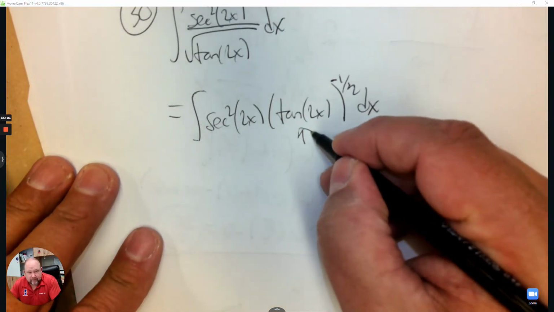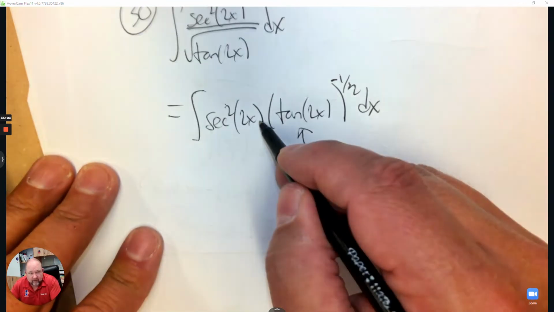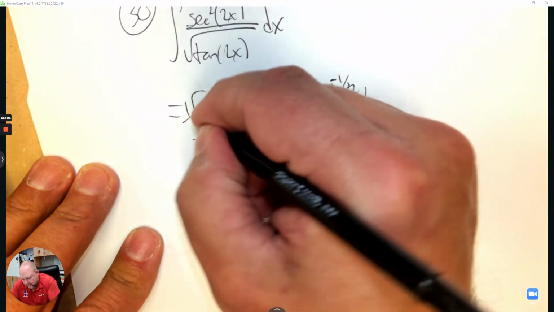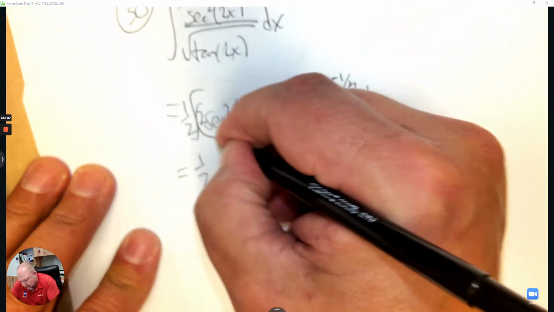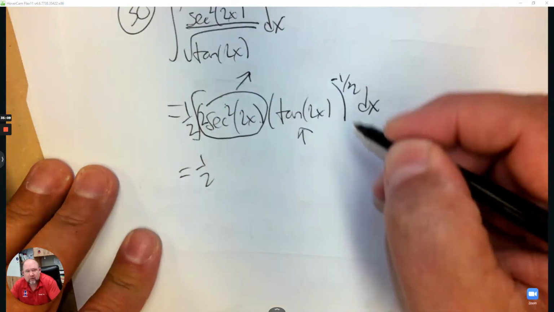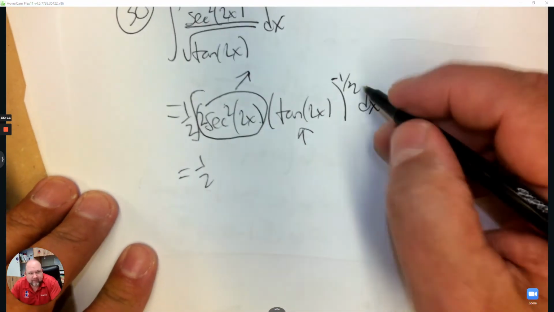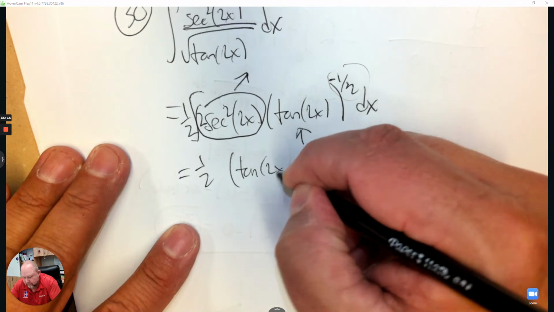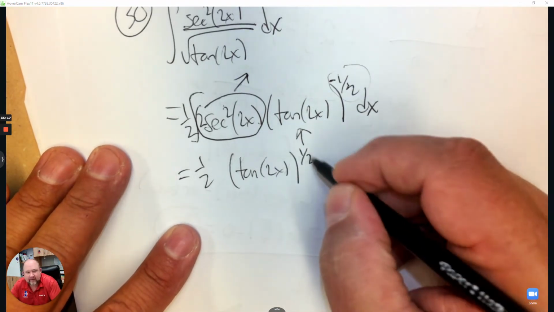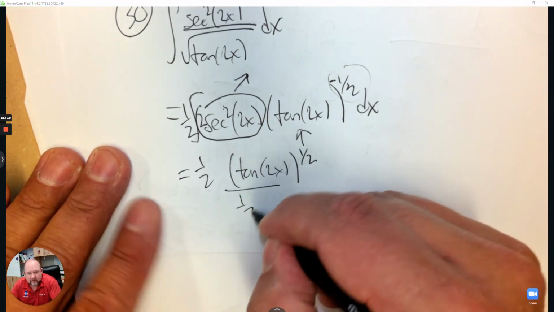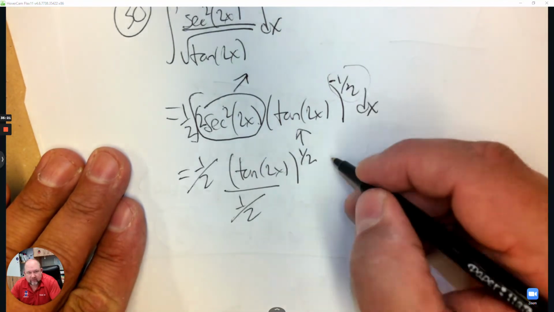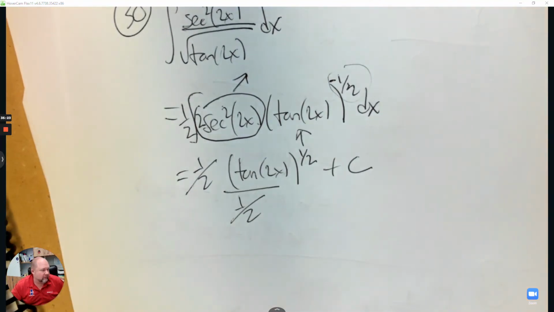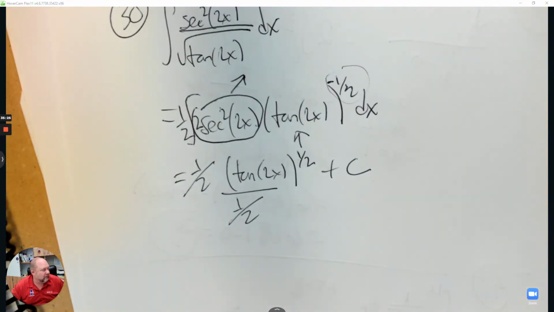The derivative of tangent is secant squared 2x, but it needs a 2 for a hook, so it needs a 1/2 in front. Then this whole hook you can ignore or have it go away. And that's just the power rule. So the power rule is add 1 to the exponent and then divide. And I just did it that way because you could actually see how the 1/2s divide out. And so it's just tangent 2x to this 1/2, or the square root of tangent 2x.